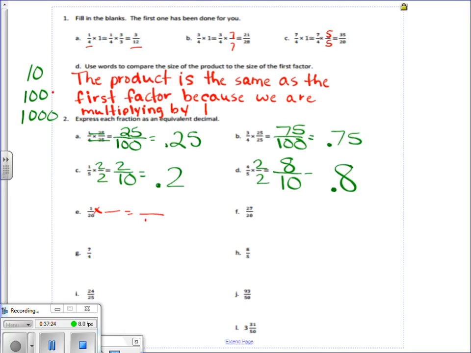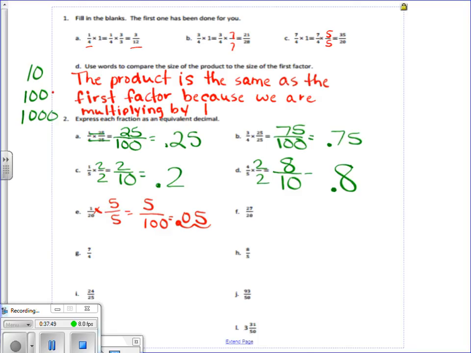Yes. 20 times 5 will become 100. So then the 5 will go on the top also. 1 times 5 is 5. Decimal comes in 2 places. So it starts here. 1, 2. So it's 0.05. It should look like that.